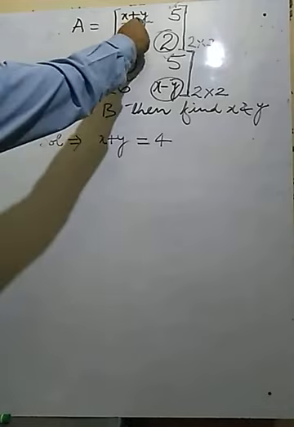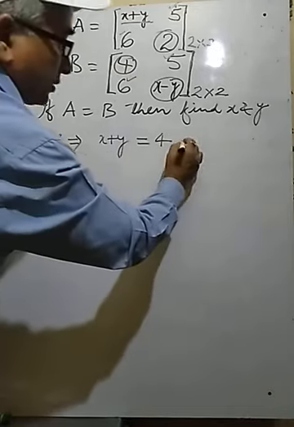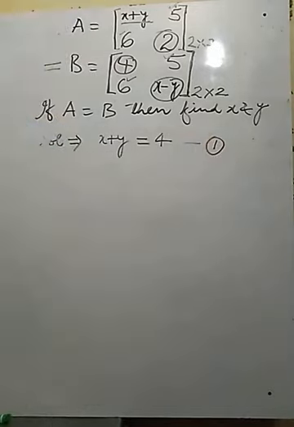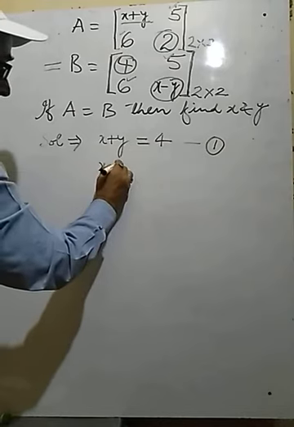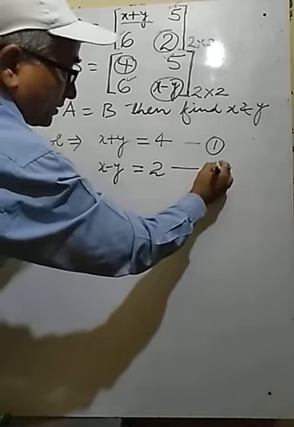So x plus y equals 4. This is noted down here. This one is equation number 1. Again, x minus y is equal to 2. This one is equation number 2.